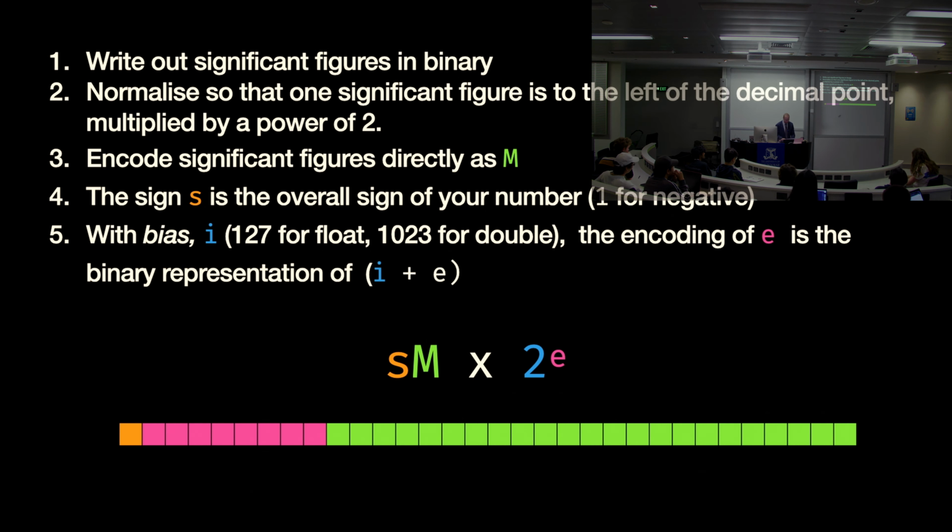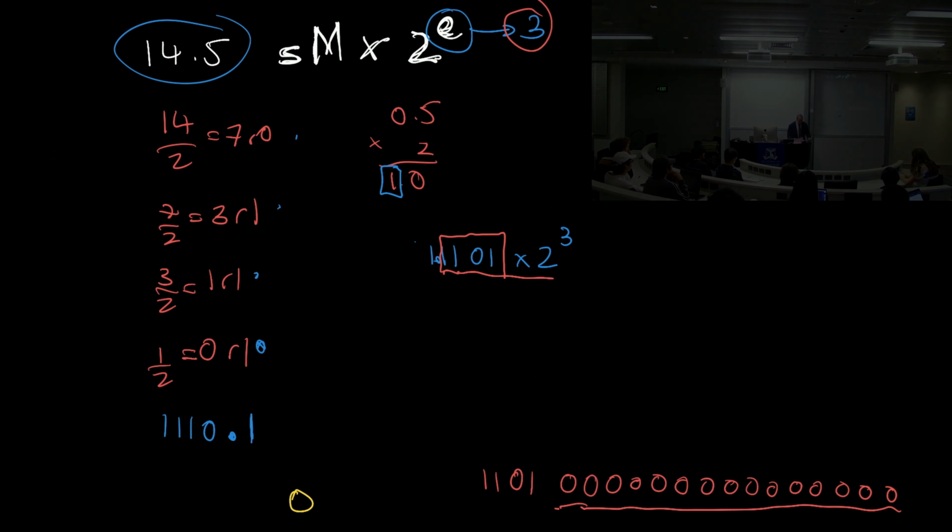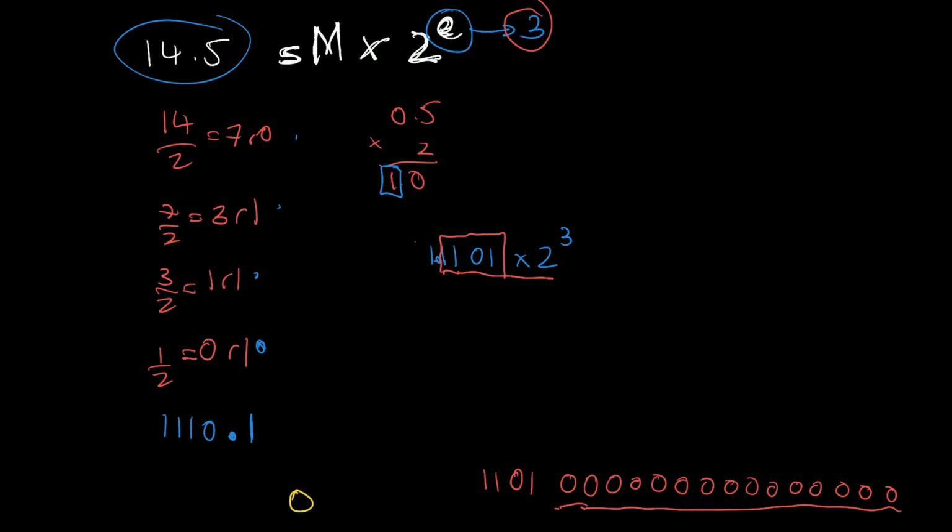So let's go back to our worked examples. That is our E over here. And what was our bias? 127. So what's 127 plus 3? 130. Yep, 130. Is 130 in binary though? No. So we have to do our process again.